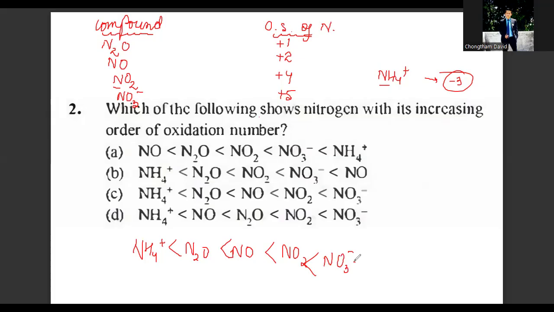It is in group 15, the first member and second period element, which, being the first member in the respective group, will show anomalous behavior due to the small size, absence of vacant d orbitals, and high ionization enthalpy. Anyway, let us come to the question. Question number 2, if you look at this order, the answer would be option C.